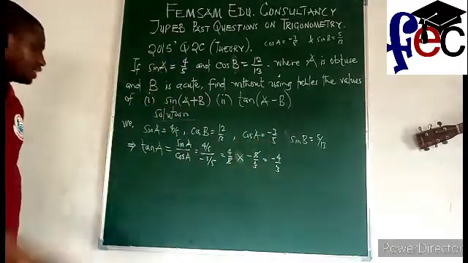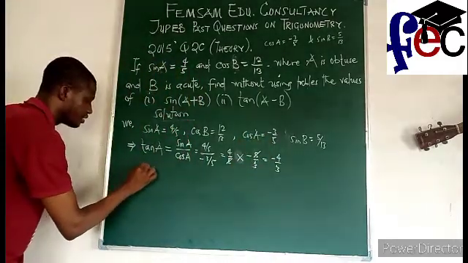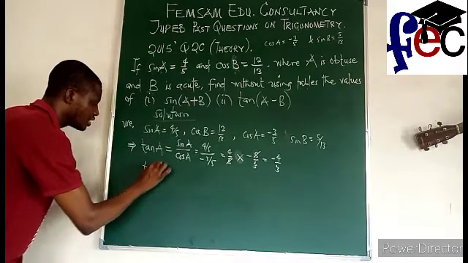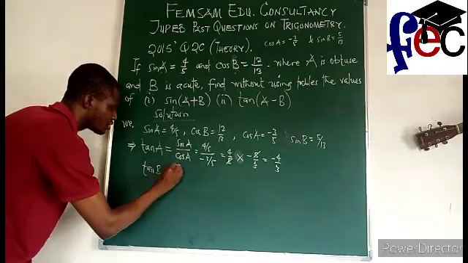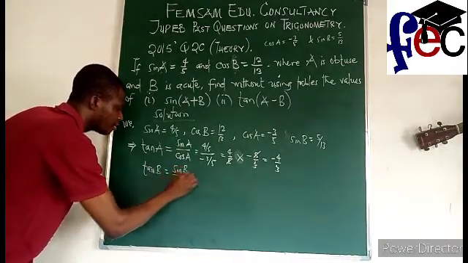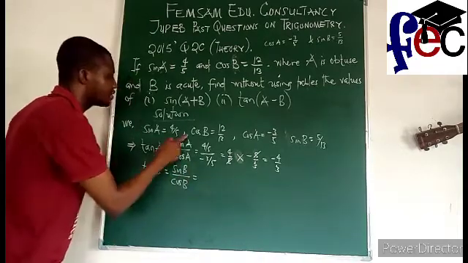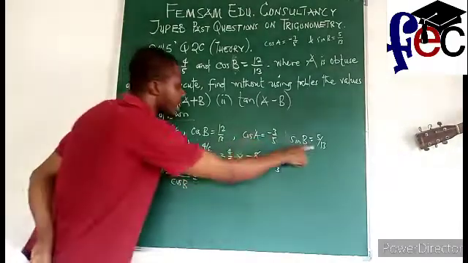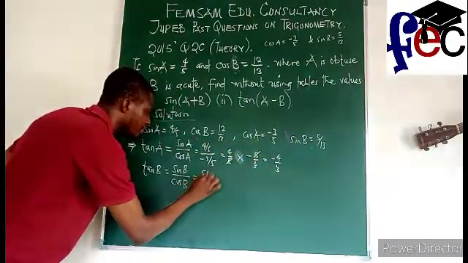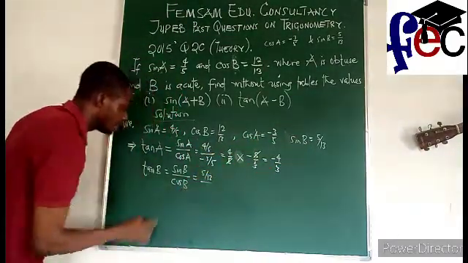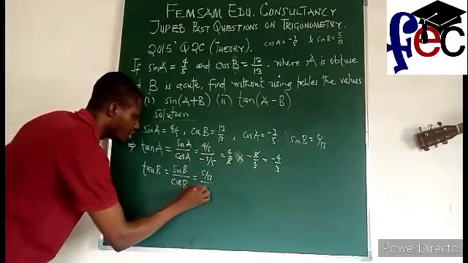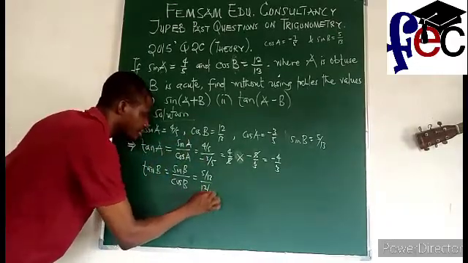Now, in the same way, what will be tan B? Tan B will follow suit: sin B over cos B. What is sin B? Sin B is 5 over 13. Then cos B is 12 over 13.